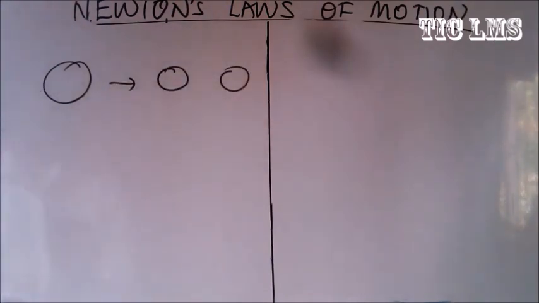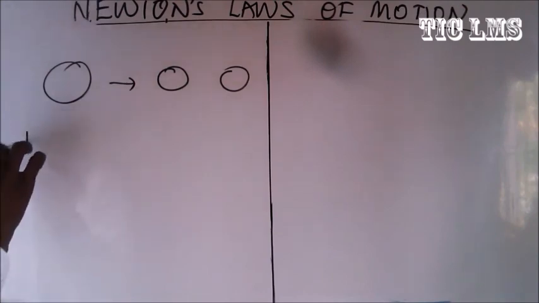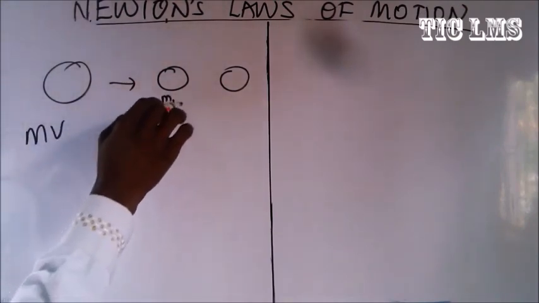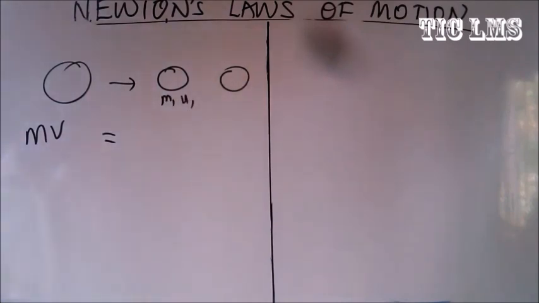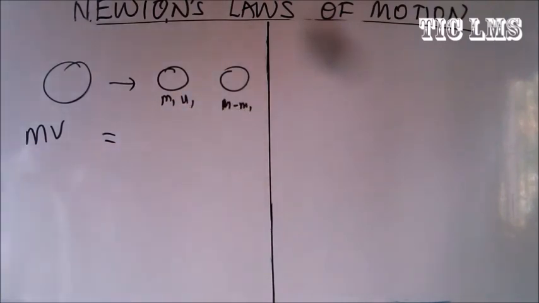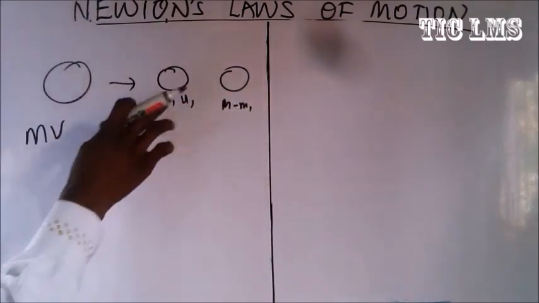And so we have it that this body was at rest, so we have mv and it splits into two, so we have m1 here and it has its own velocity. And then the second body, we're not given the mass of the second body, so we'll take the mass of the second body to be m minus m1. That is this big mass minus the small mass.